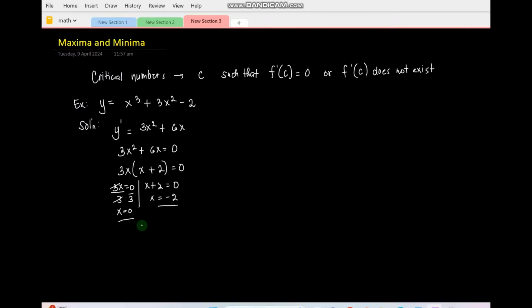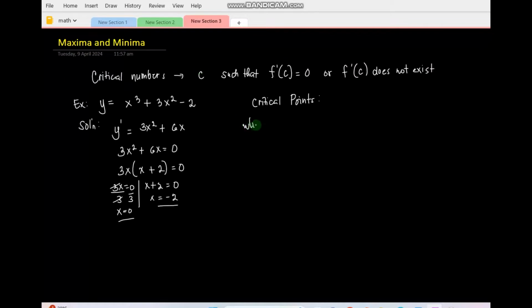Now, this means that 0 and negative 2 make the first derivative of the function equal to 0. But if the problem is asking for the critical points, what we are going to do here is just substitute these x values to the original function.